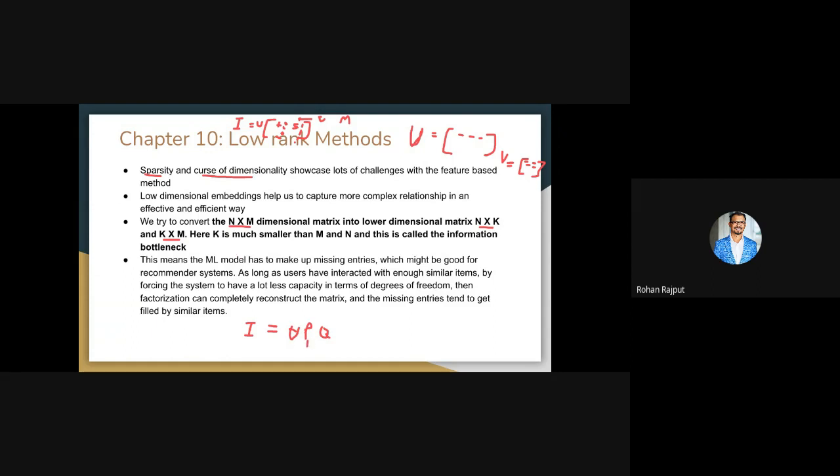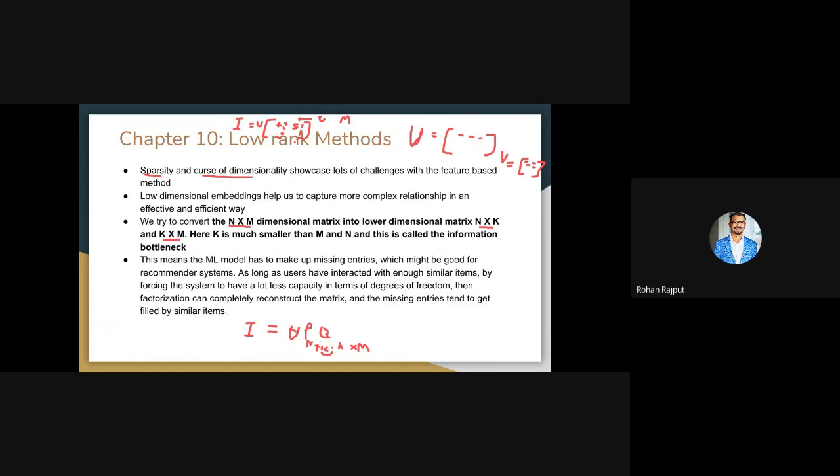P could be n cross k, and similarly Q could be k cross m, making sure that matrix multiplication adheres to the dimensions. We are trying to squeeze this big matrix into these small matrices with a certain rank k, and this rank k can be decided by us.